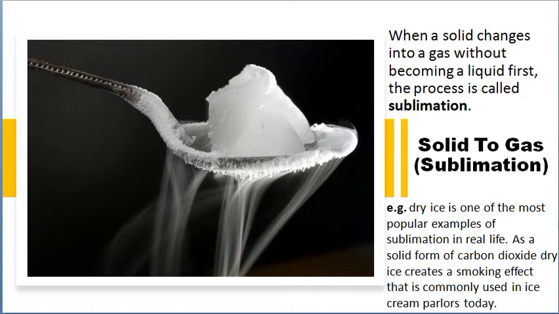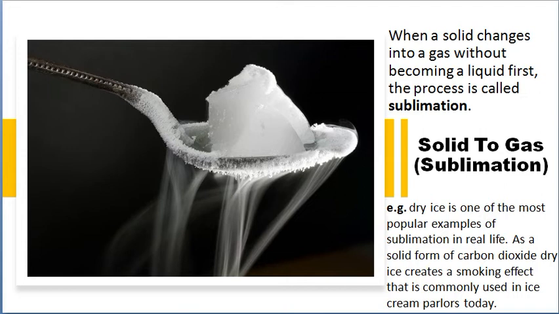You can see dry ice here. Dry ice is one of the most popular examples of sublimation in real life. As solid carbon dioxide, dry ice creates a smoking effect that is commonly used in ice cream parlors today, students. You see dry ice on the ice creams in the parlors. That is due to sublimation.